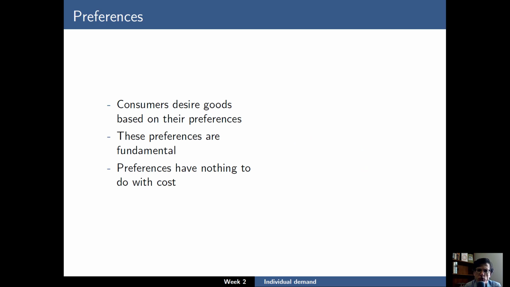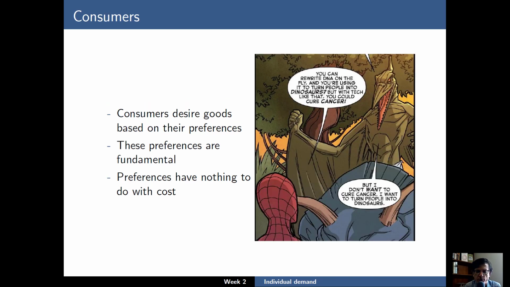The way I want to illustrate that each consumer has their own preference is through a comic strip from The Amazing Spider-Man, where Spider-Man in the bottom left-hand corner is confronting some sort of pterodactyl monster creature, and Spider-Man says, "You can rewrite DNA on the fly, and you're using it to turn people into dinosaurs, but with tech like that, you could cure cancer."